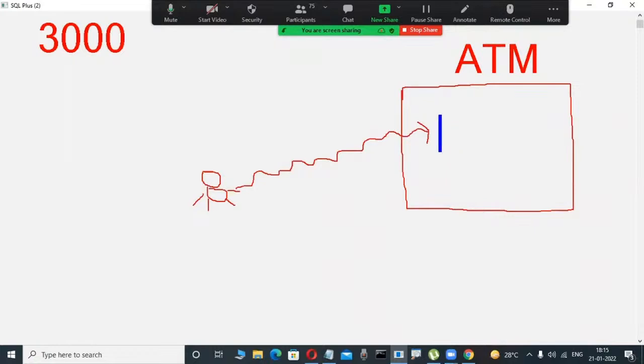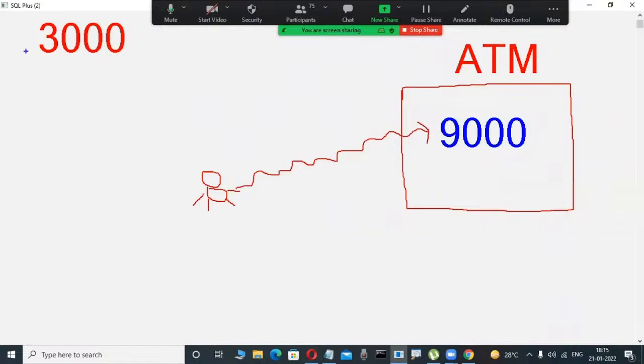After inserting the ATM card, it will ask for the amount. Unfortunately, I mentally decided to withdraw 9,000 rupees. Now, as I try to withdraw 9,000 rupees, will I get 9,000 rupees? No.